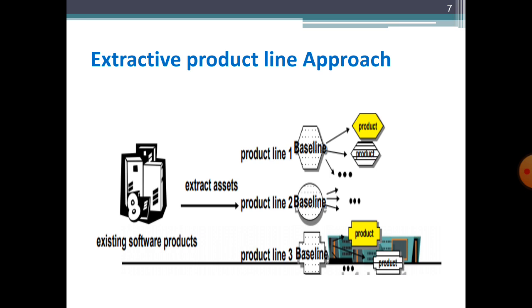So students, this extractive approach is mostly effective for an organization that wants to quickly transition from conventional to software product line engineering. You should note one point here: this approach does not support the possibility of one organization developing the core assets and a separate organization developing the product based on the core assets. So this is an important point about this extractive approach.